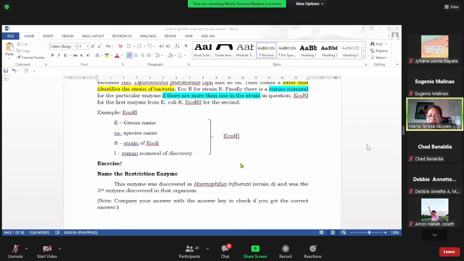Okay, so if you are done, you can write your answer directly on the monitor. You can just type it using text in the annotation. Just use text. Is it the screen? Yes, just type it on the screen.